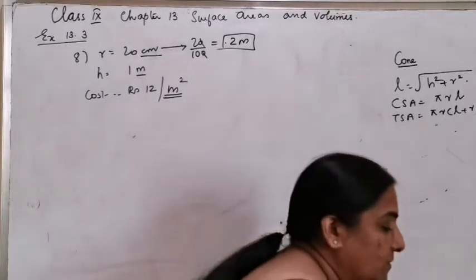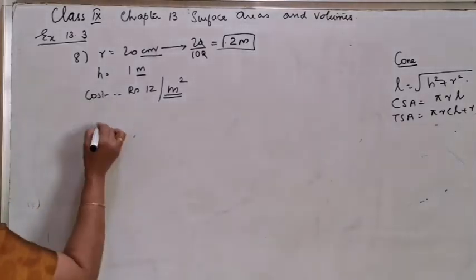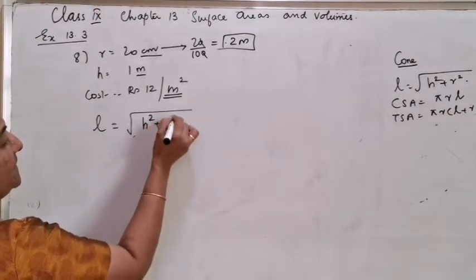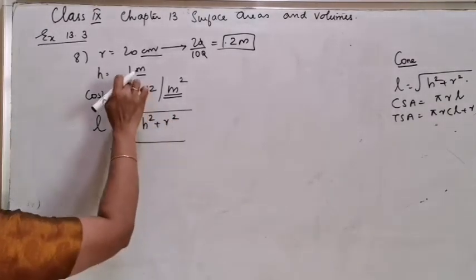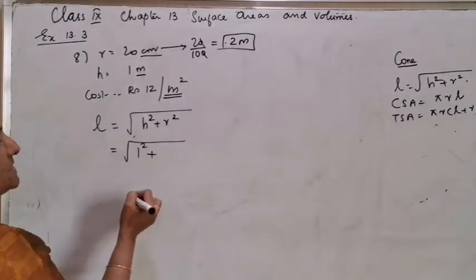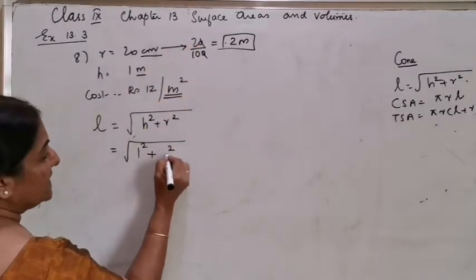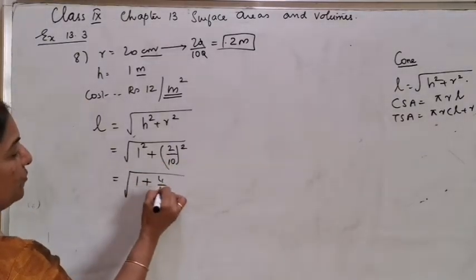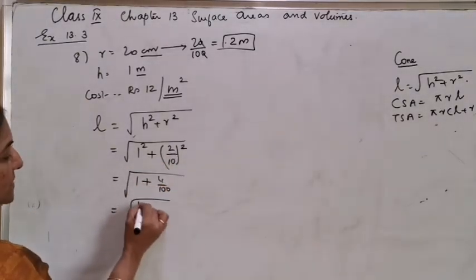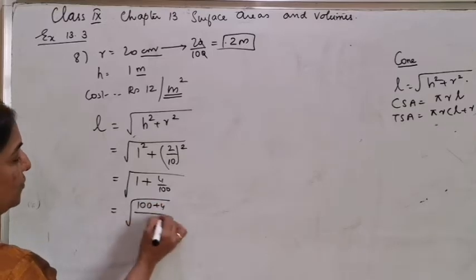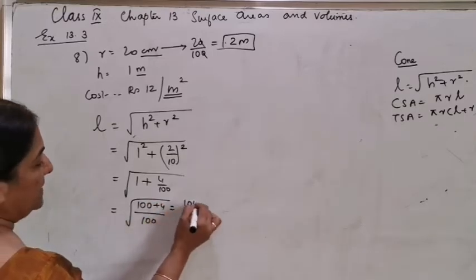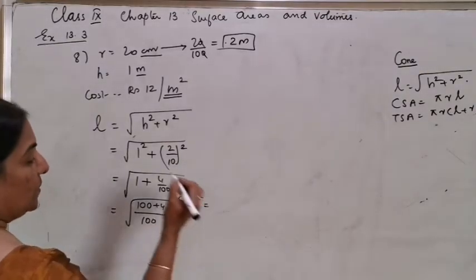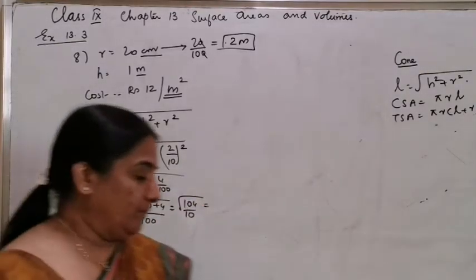And now let's find out the slant height. l is equal to square root of h square plus r square, root of 1 square plus 2 by 10 the whole square, or 1 plus 4 by 100, which is equal to 100 plus 4 by 100, or 104, root 104 by 10.